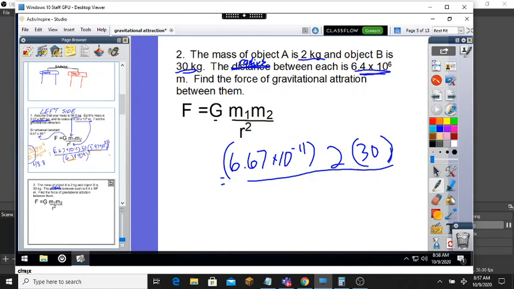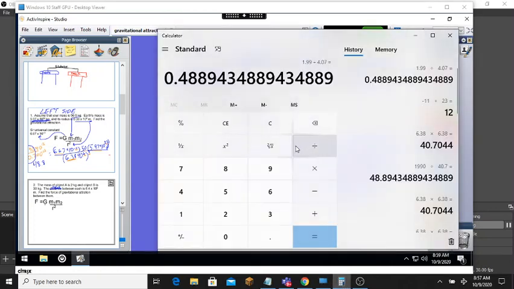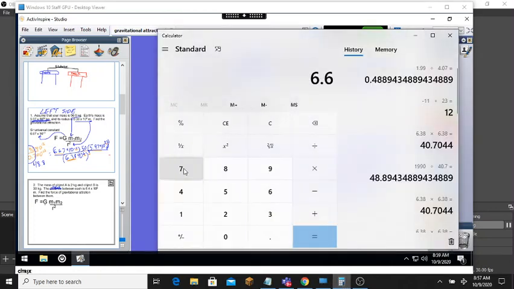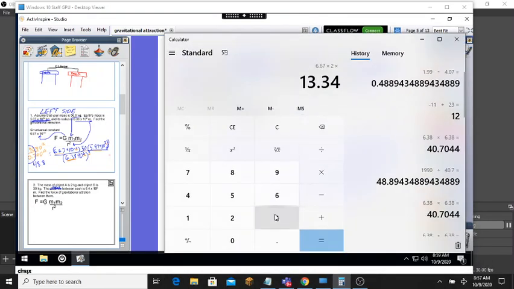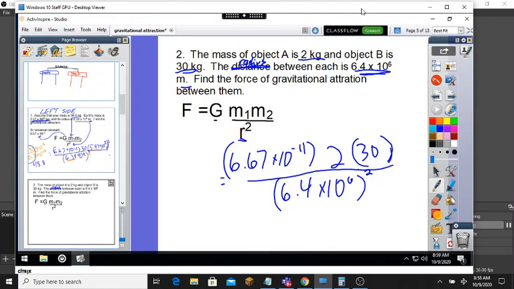And this is supposed to be our radius, 6.4 times 10 to the 6th, and then this is supposed to be squared, like that. Okay. So let's multiply like normally. 6.67 times 2 times 30. That gives me 400. And since there were no other exponents, we just leave that exponent there.